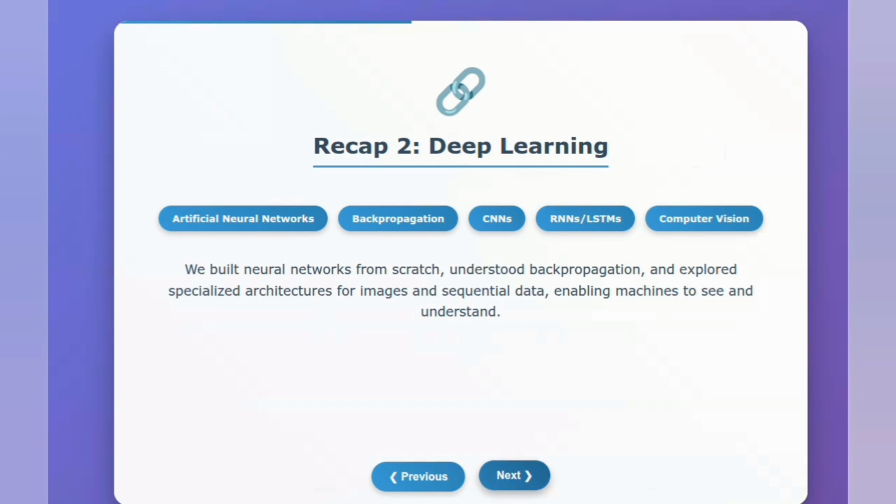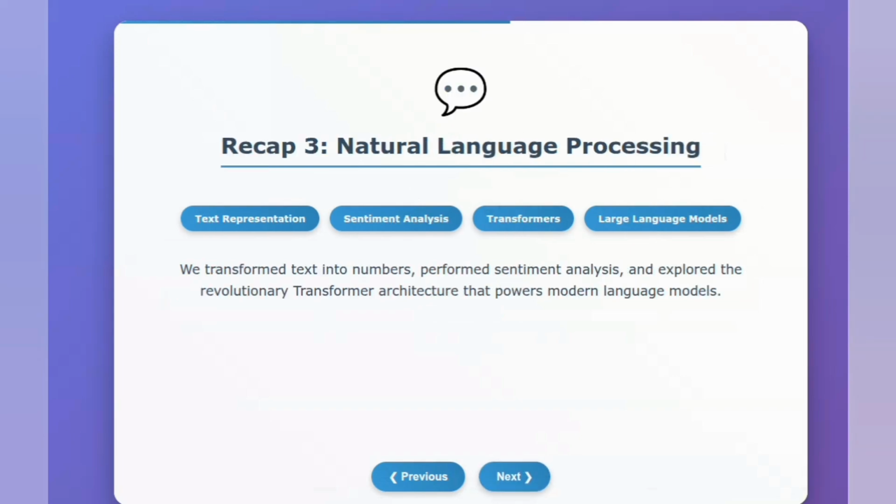We then moved to natural language processing, transforming text into numbers, performing sentiment analysis, and most importantly, understanding the revolutionary transformer architecture that powers modern LLMs. This set the stage for our deep dive into generative AI.